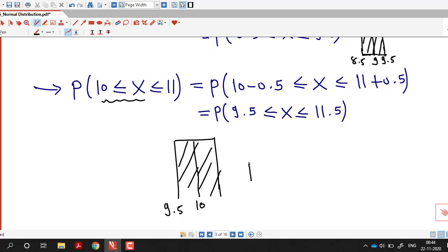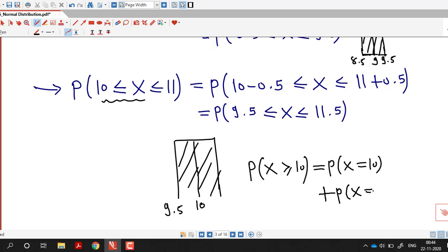This is equal to the probability that X equal to 10 plus the probability that X equal to 11 and so on. So we have to start with the probability that X equal to 10, and this probability is nothing but the area of this rectangle. So we have to start from this side, the lower boundary 9.5. So the probability that X is greater than or equal to 10 is nothing but the probability that X is greater than or equal to 9.5.